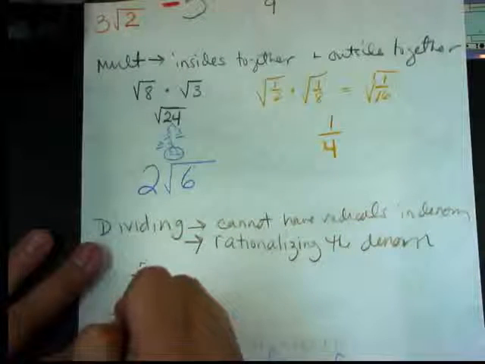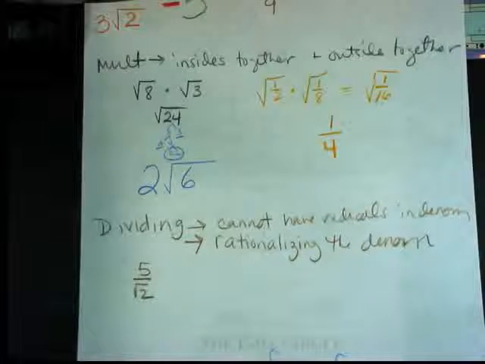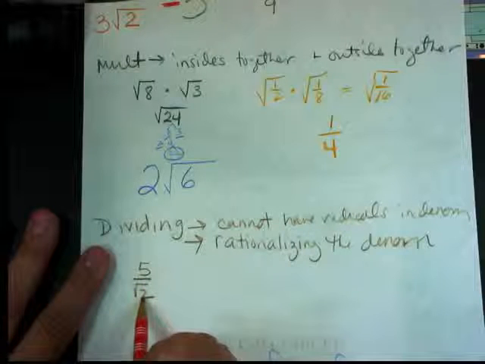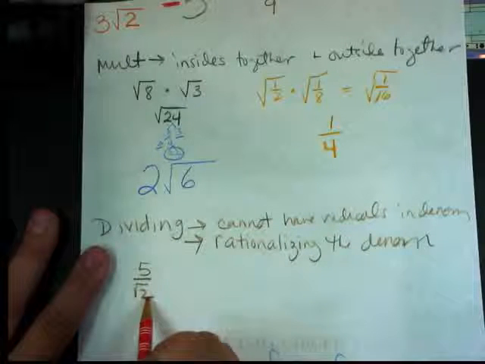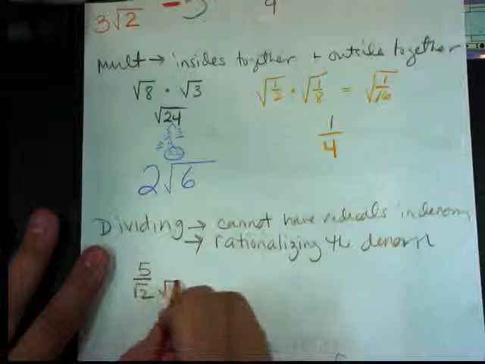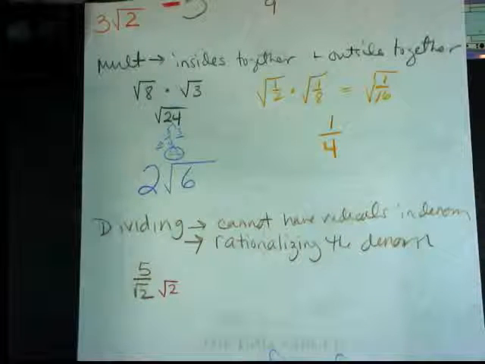So here I have 5 over root 2. All right, can't have the radical in the denominator. Just got done saying it. So the mathematical process that we do is called rationalizing the denominator. What that really means is get the radical out of the denominator. The way we get a radical out of the denominator is we make it a whole number. The only way radical 2 can become a whole number is if I multiply it by its same thing.